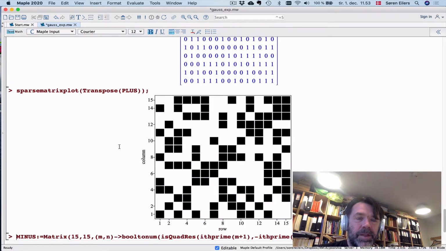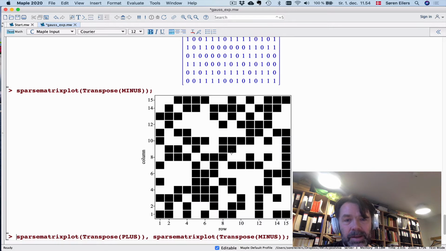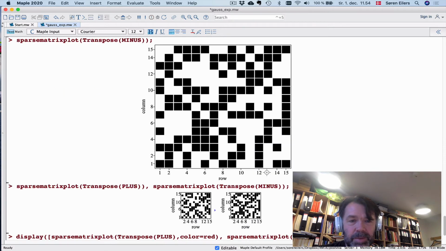So what I have here is the comparison of the squareness of the prime p to the prime q. But I also want to compare the squareness of prime p to minus p, minus q. That's the one I call minus, and it looks like this. And I can try to plot them next to each other.